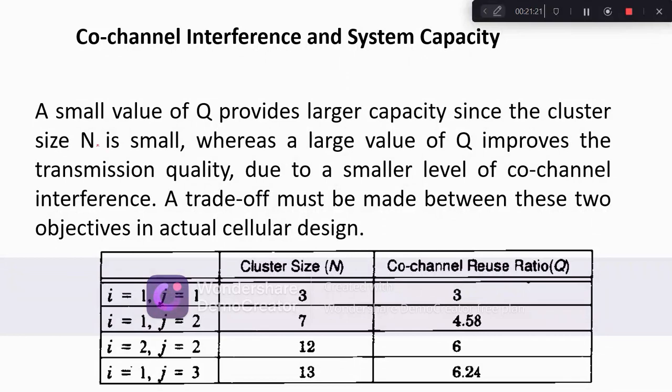If n is small, Q is small, since Q is the square root of 3n. A large value of Q improves the transmission quality due to a smaller level of co-channel interference, and there must be an optimum value. A trade-off must be made between these two objectives in actual cellular design.